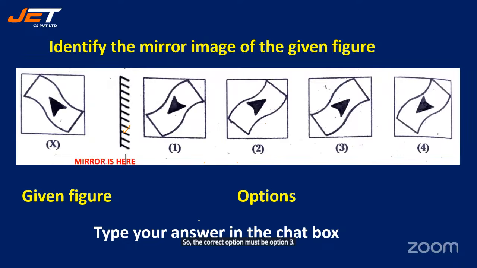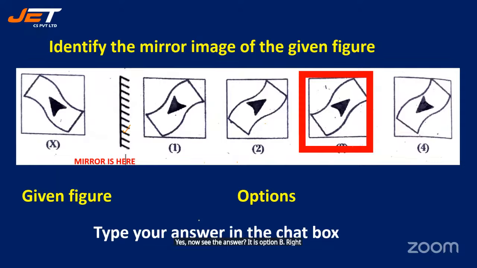Right. Now see the next question. We have a back kind where we have a design. So now this is telling us the direction of the mirror. All right. Now see the answer. It is option 3. Right. So it's all a mirror image.